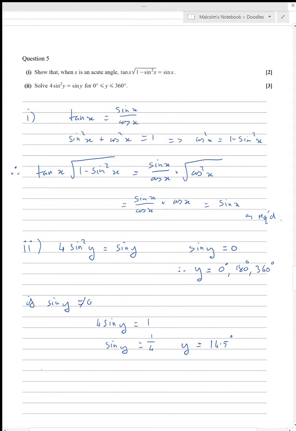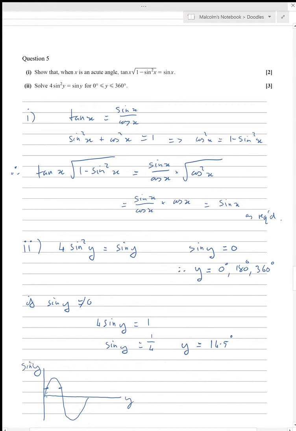14.5 degrees, but bear in mind, if I just sketch the range, it's from 0 to 360, so that is sine y against y. Sine y equals 1 over 4 happens there, and it happens there.